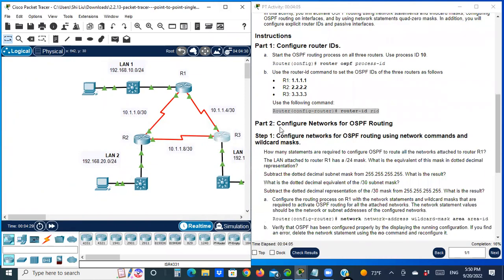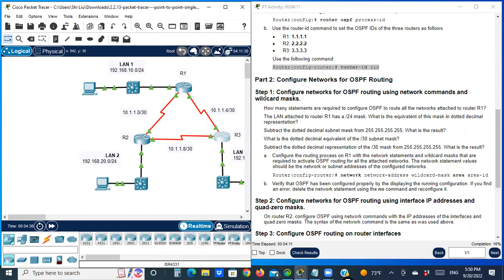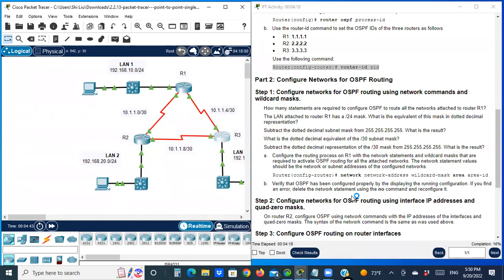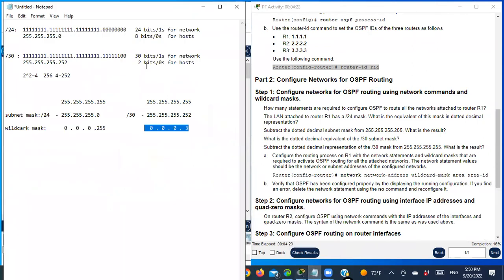Let's keep going to part 2, configure networks for OSPF routing. Step 1. Before we configure the network for OSPF, let's do some calculation. How many statements are required to configure OSPF to route all the networks attached to router R1?